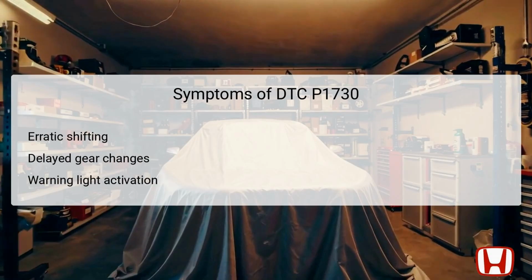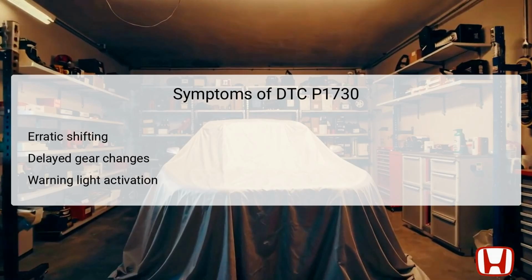The presence of DTC P1730 can manifest through various symptoms that impact the driving experience. Erratic shifting, where the transmission shifts unexpectedly or harshly, is a common indication of a problem.